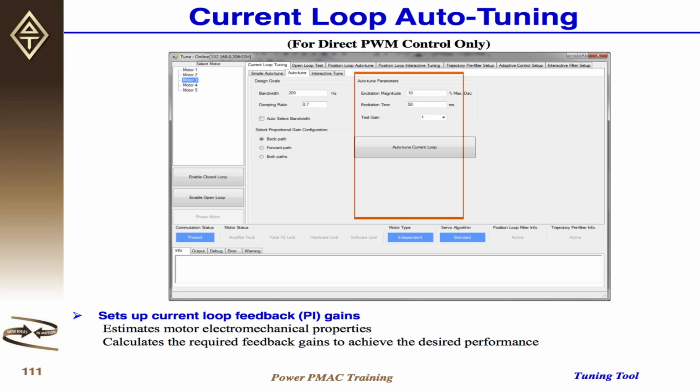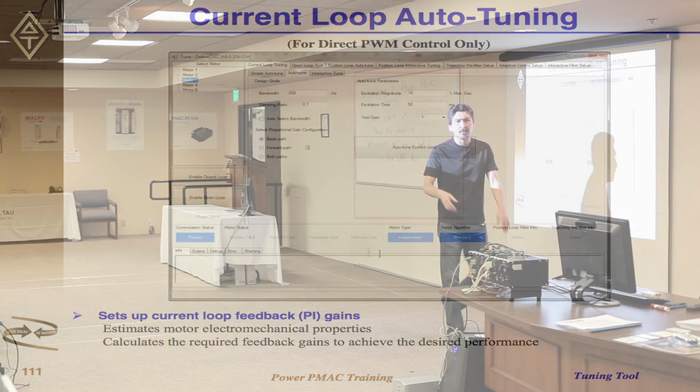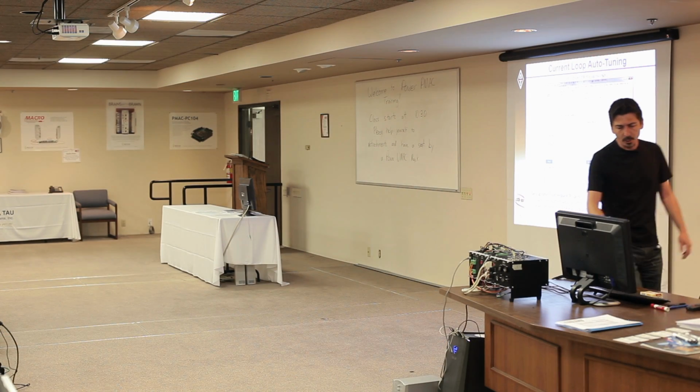Essentially what it does is a system identification routine. It does a step and tries to find out the resistance and the inductance, so it tries to estimate the electromechanical properties of the motor itself. And it's going to come up with the gains for you.